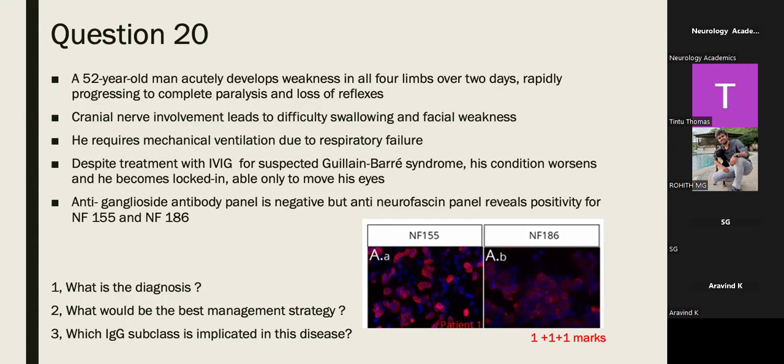Anti-ganglioside antibody panel is negative, but anti-neurofascin panel reveals positivity for NF155 and NF186. Questions are: what is the diagnosis? What would be the best management strategy in this case? Which IgG subclass is implicated in this disease?